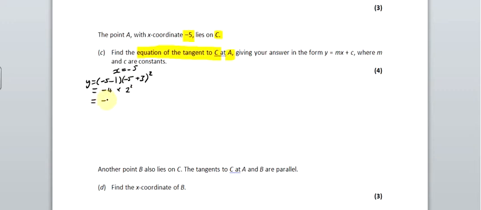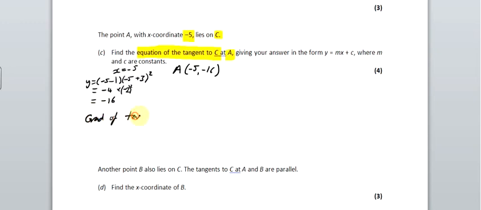So it gives us minus 16. Right, it's minus 2 squared, isn't it, actually? Let's just correct that. Okay, so we've got ourselves our point A, so A is equal to (-5, -16).